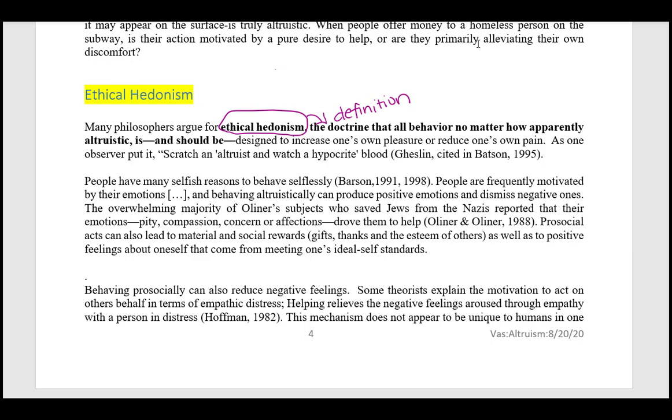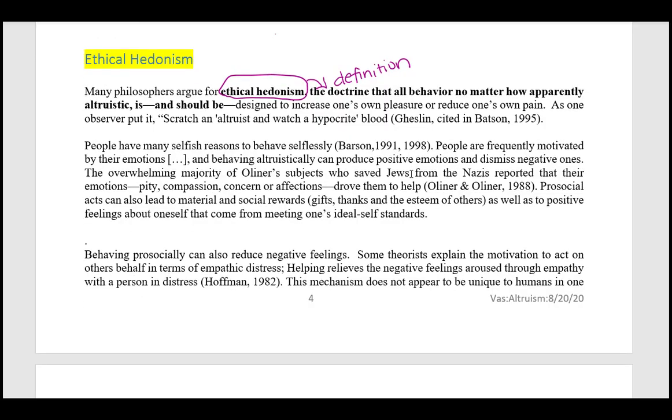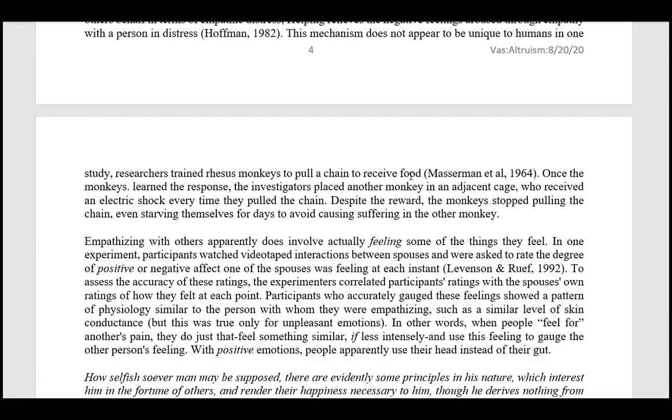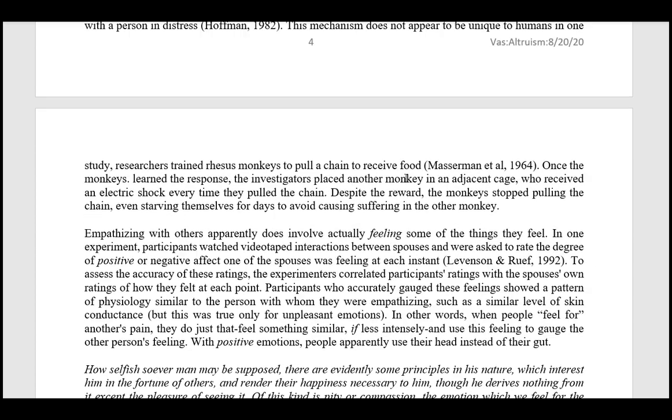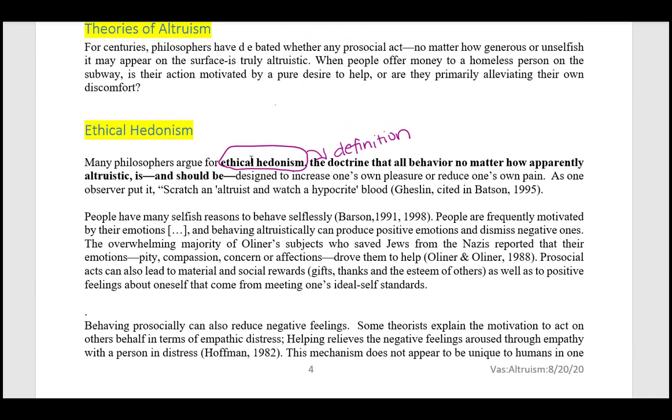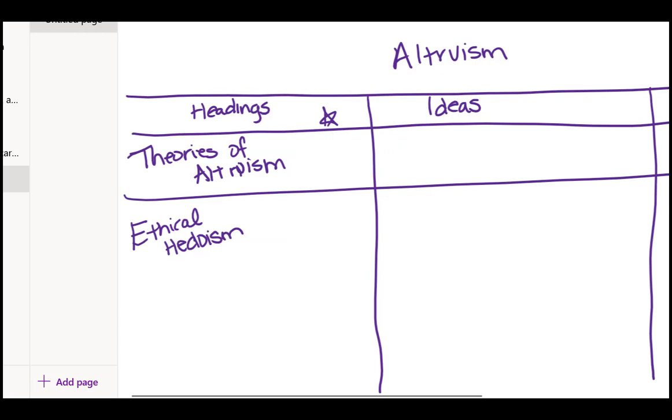Okay, so now I'm going to look through the rest of this section. And as you can see, there's nothing else that's really highlighted. So all I'm going to worry about is the term ethical hedonism. So over here in my terms, I'm going to write ethical hedonism.